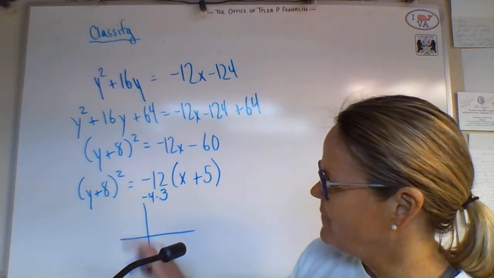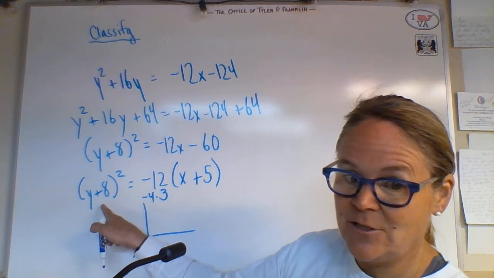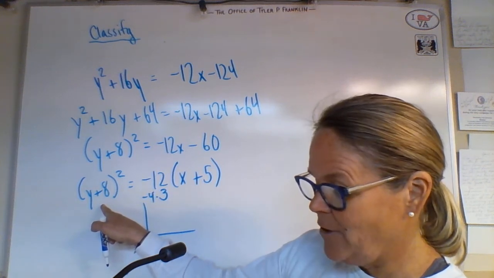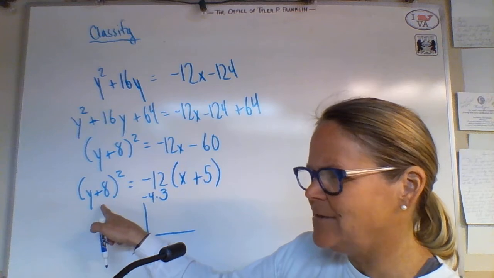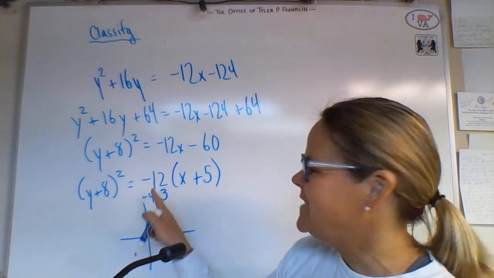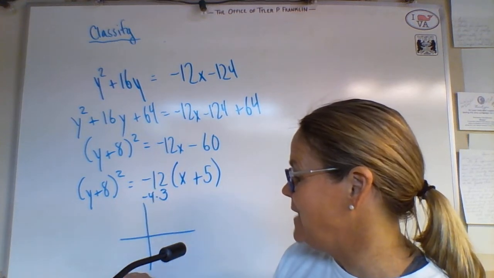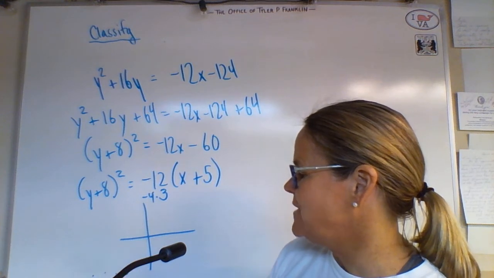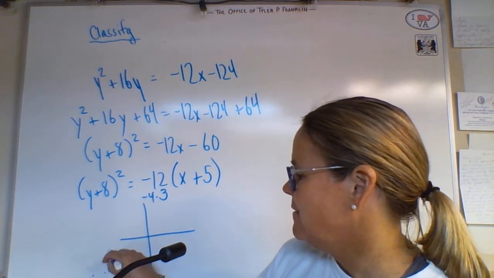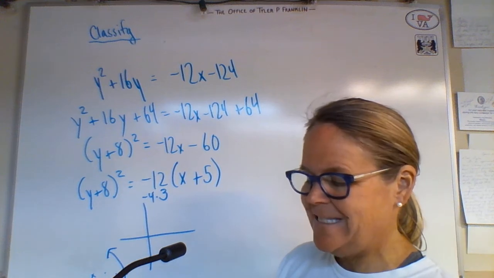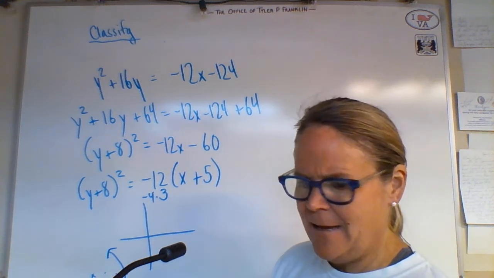Focus then, it's sideways because it's y squared. So I'm going to go 3 spots away. Since it's negative, it's going to be left. So my focus is (-8, -8).